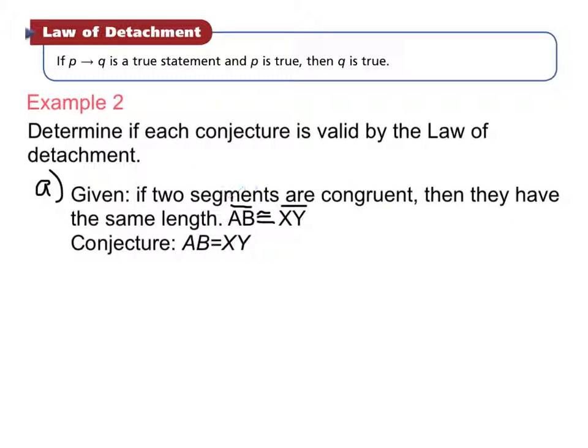Because the whole thing is true, by the law of detachment, if we take the hypothesis only and say that's true, then the conjecture must also be true. So because segment AB and segment XY are congruent, that's the hypothesis. By the law of detachment, we can say that the length of AB is equal to the length of XY. Therefore, this statement is valid.